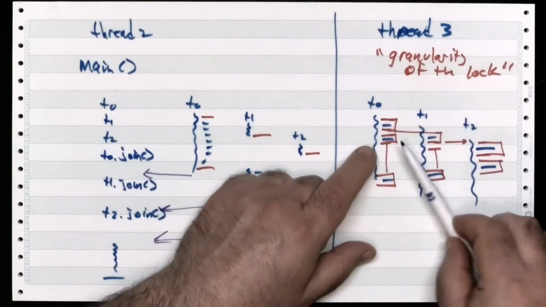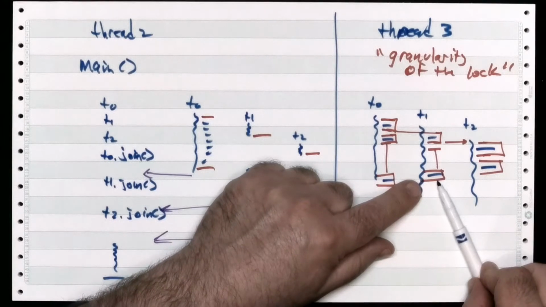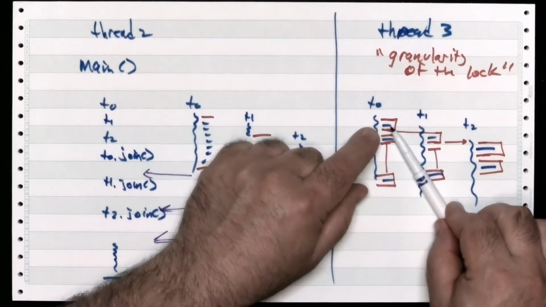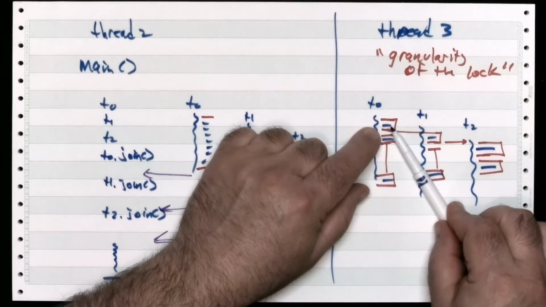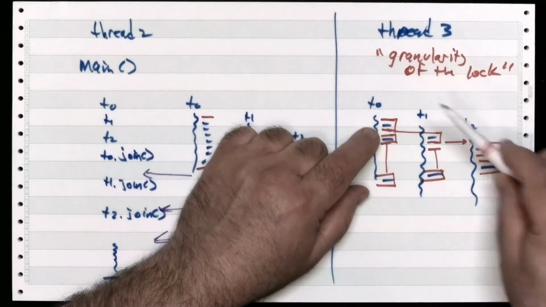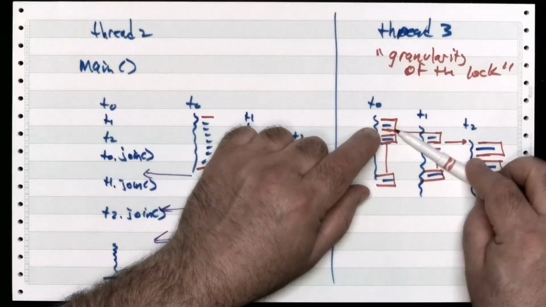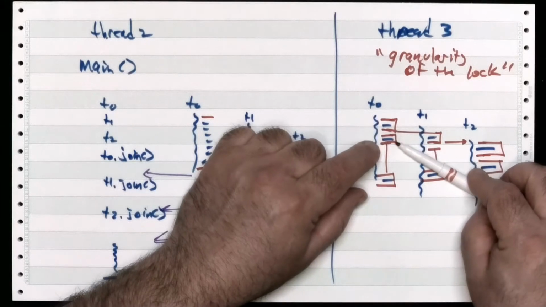So if the work that you do, which is these blue lines in here, takes a little bit of a while relative to the amount of time it takes to lock and unlock, right? So there's overhead, is the point. How much time do you waste doing a lock and then unlocking, only to turn around and relock, do some work and unlock?